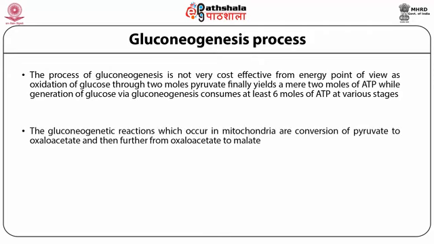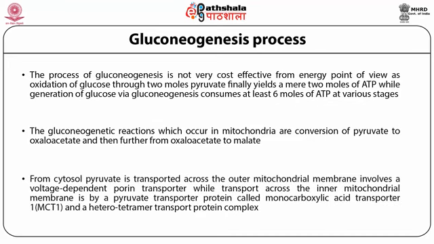The net deficit in gluconeogenesis is equivalent to 4 ATP, as 2 ATP are produced and a total of 6 ATP are used up in generating glucose from pyruvate.